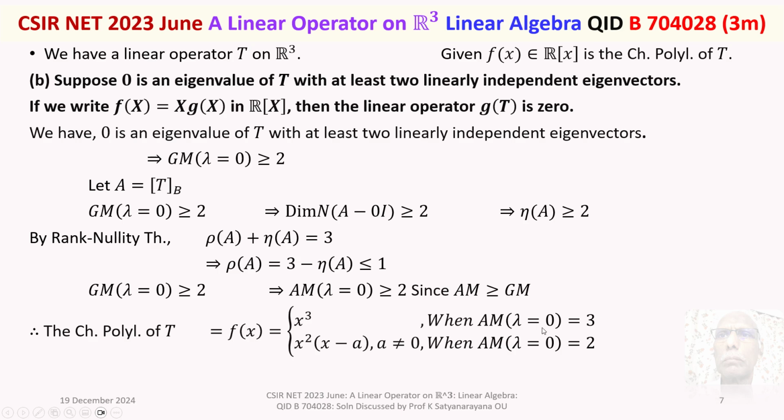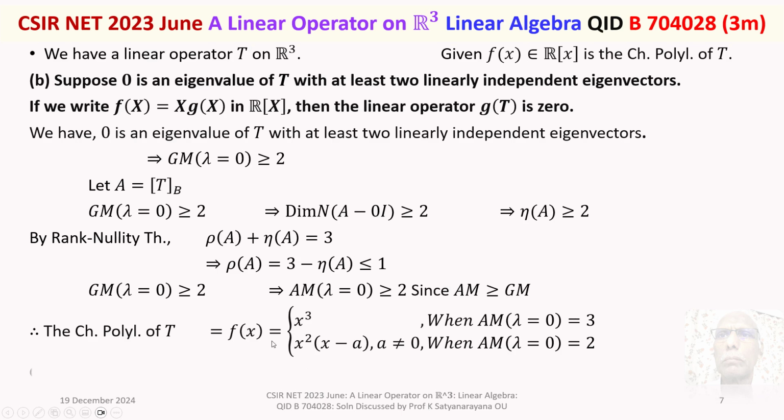So when it is 3, x cube is f of x. When the algebraic multiplicity of lambda equal to 0 is 2, then it will be x square, and there will be one more eigenvalue, let us say a, multiplied by x minus a, where a is not equal to 0. Right.